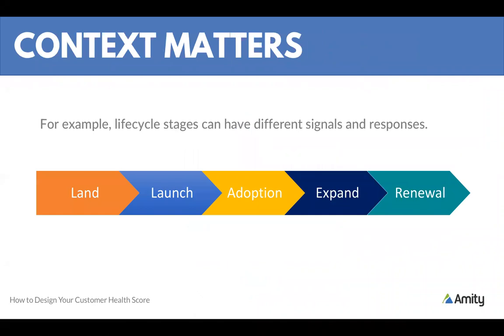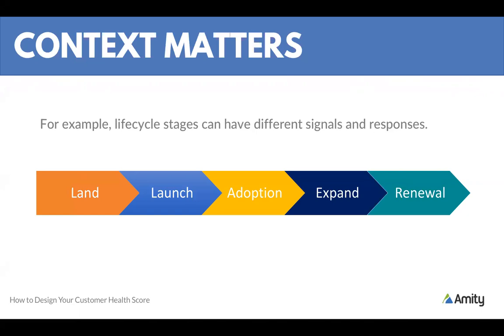Another key point when designing your health score is that context really matters. And in this example, we're using your life cycle stage as context. So a health score during a trial period will probably be very different than a health score during the launch period, which will be very different than a health score during the expand period. And the health score that you want to drive upsell or cross-sell will be very different than a health score that you design to help you improve adoption.